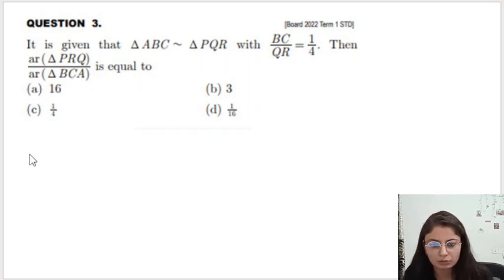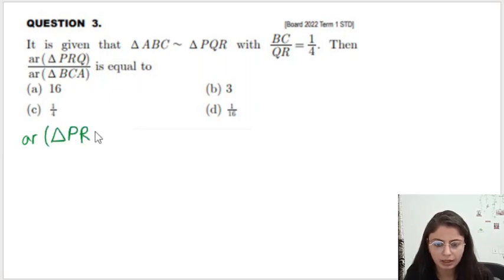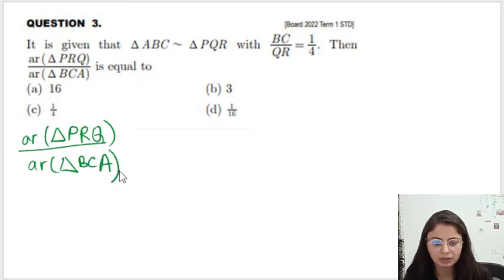Fine. So यहाँ पे हमें क्या दिया हुआ है? That area of triangle PRQ by area of triangle BCA, इसका हमें रेशियो निकालना है, राइट? सो यहाँ पे हमें QR और BC ये दोनों साइड्स का रेशियो गिवन है, राइट? सो यहाँ पे हम QR बाय BC लिखेंगे.